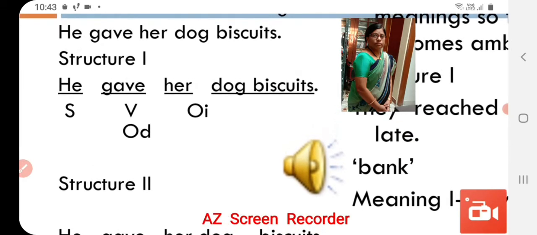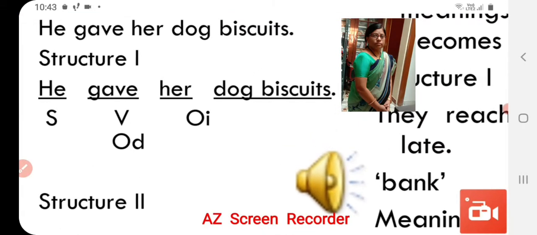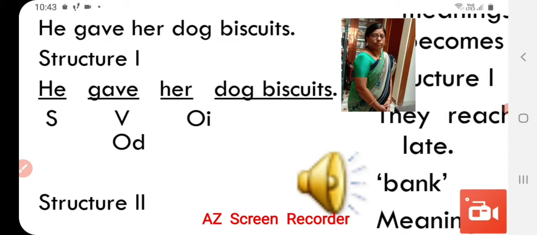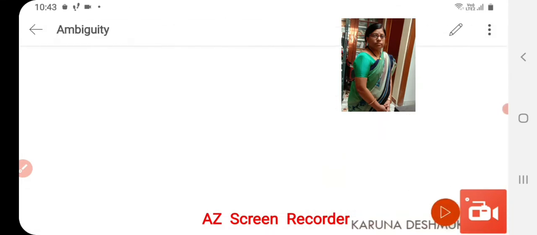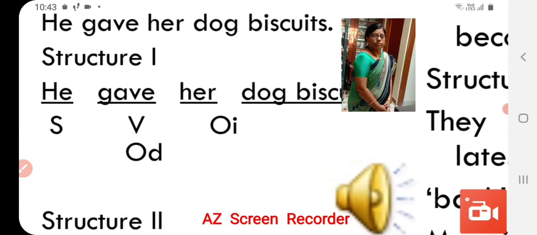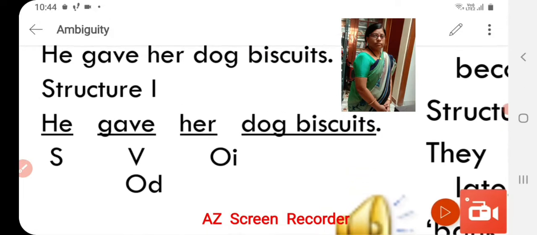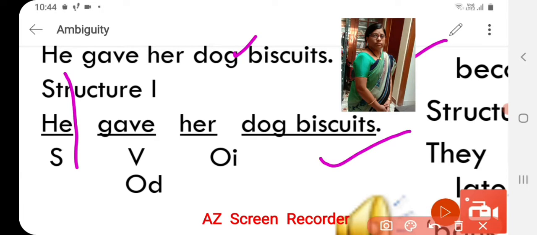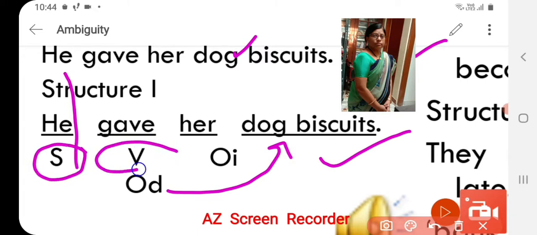For example, if we make the structure like this: he subject, gave verb, her indirect object, and dog biscuits direct object.